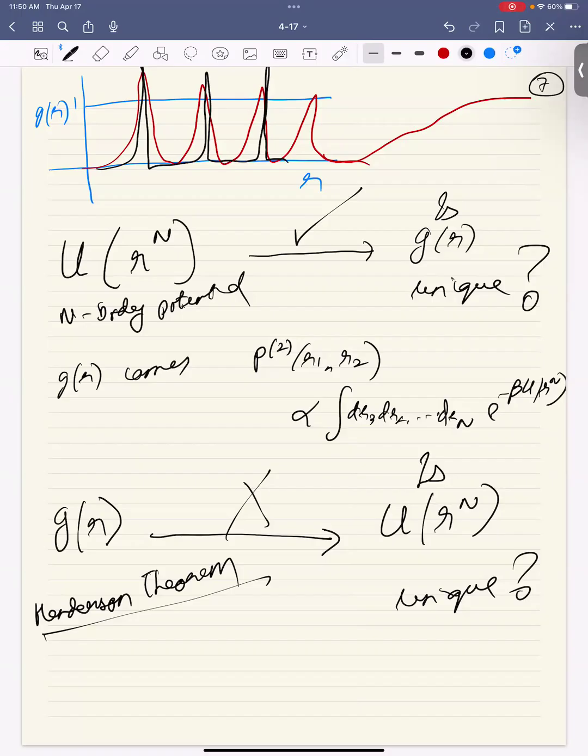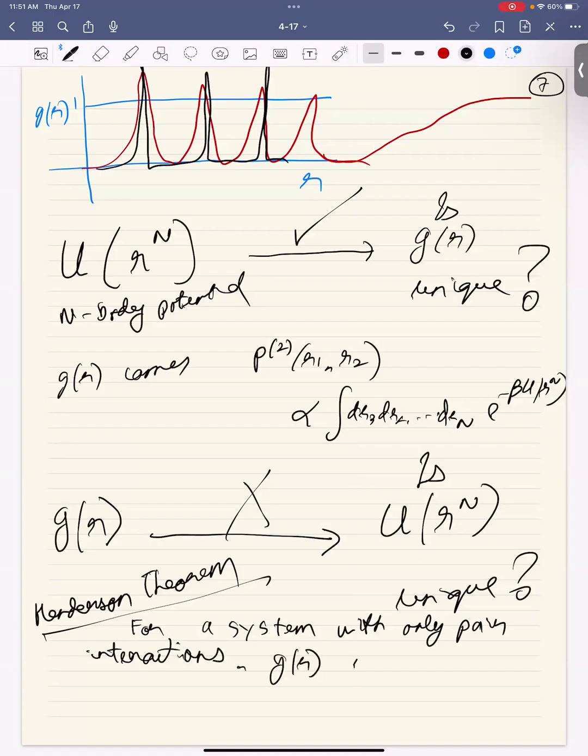So Henderson theorem says, yes, sure, you cannot go from G of R to a unique U of Rn. But for a system with only pair interactions, G of R uniquely determines U of R up to an additive constant.